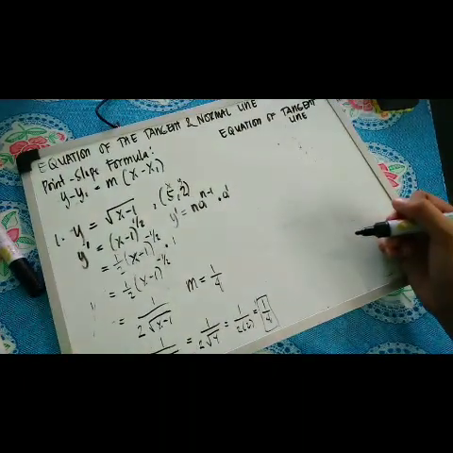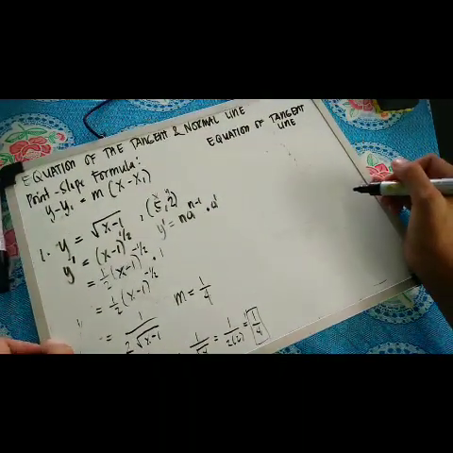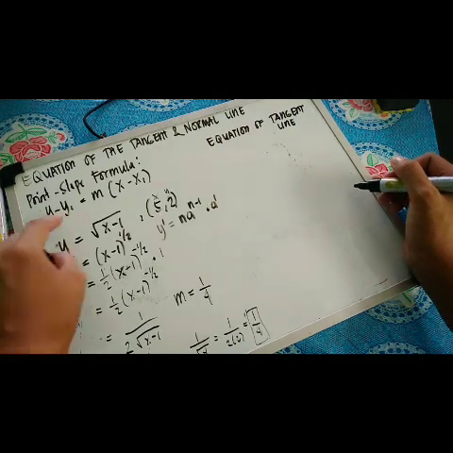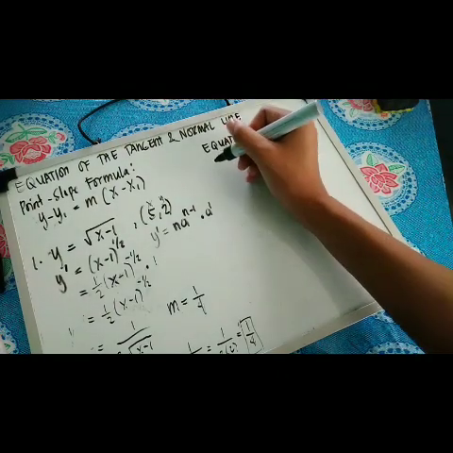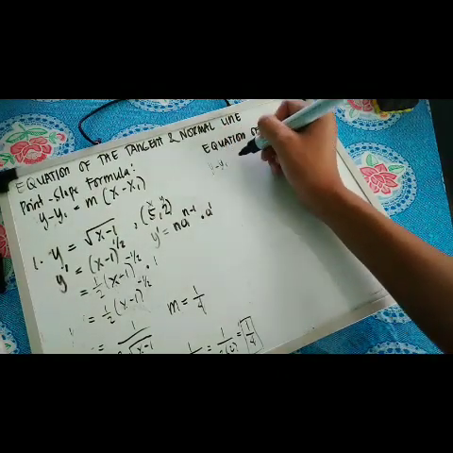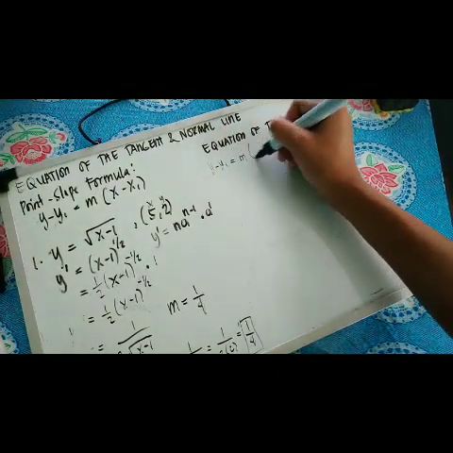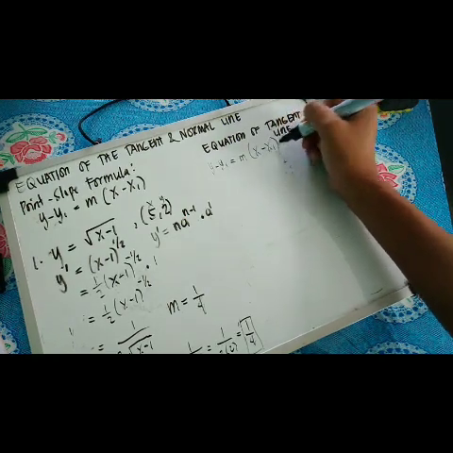Now we have our slope already. Next, we need to use this formula to find the equation of the tangent line. So y minus y sub 1 is equal to m times x minus x sub 1.